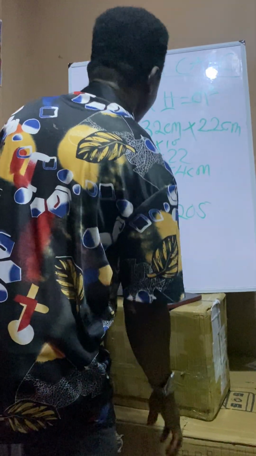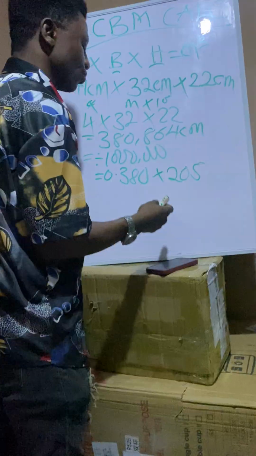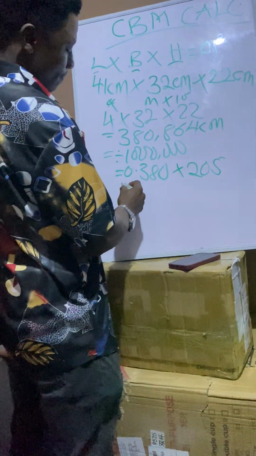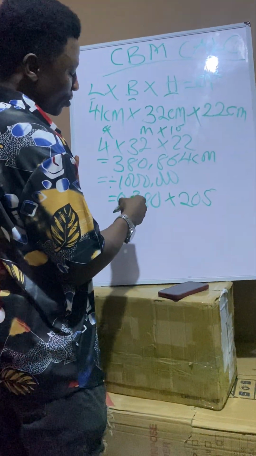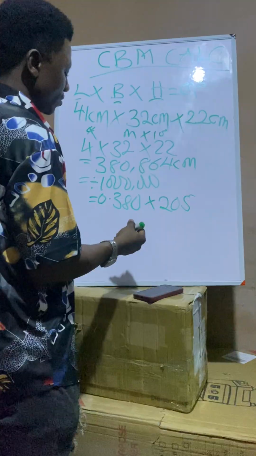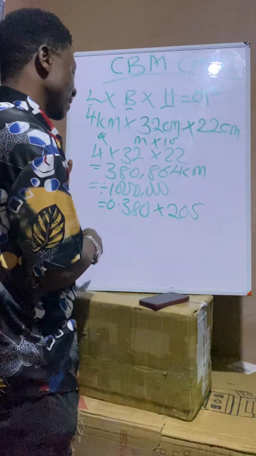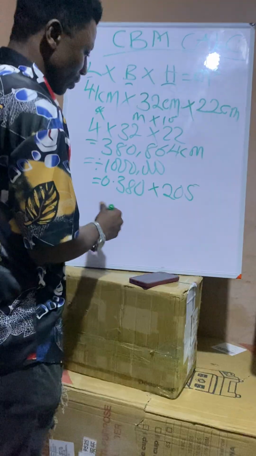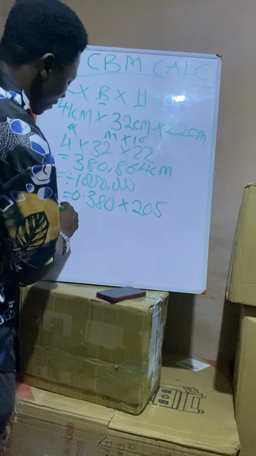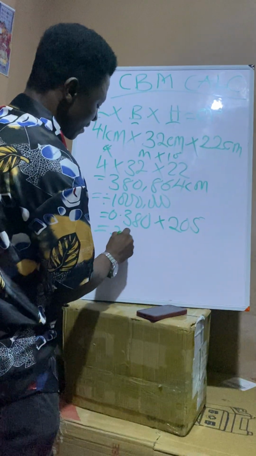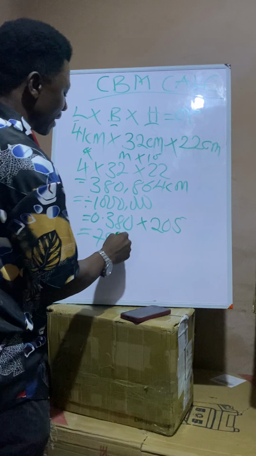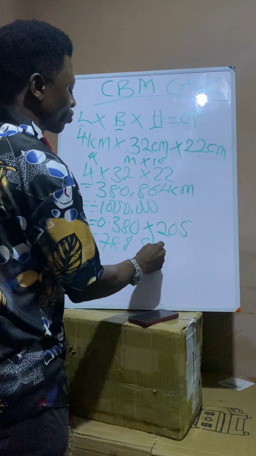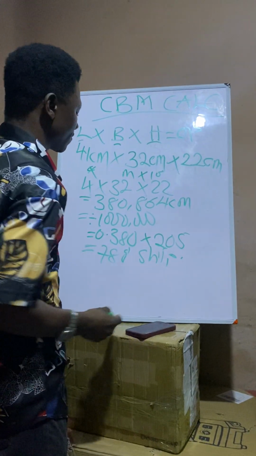Now that you've gotten the equivalent in dollars, what do we do? You know that the dollar rate is not fixed. Today the dollar will be 12, the next day 11, then the other day 10. So now that you know you're paying $78, you ask your shipping agent what today's current rate is.